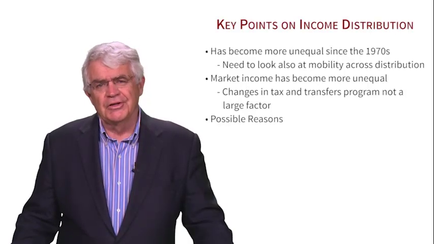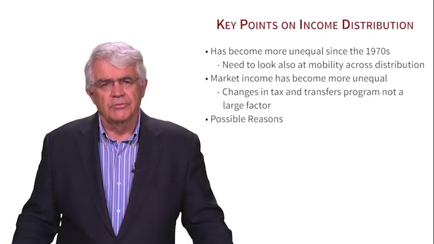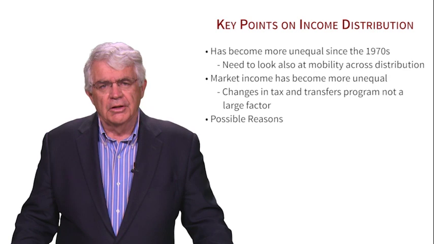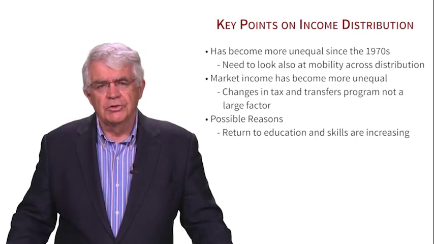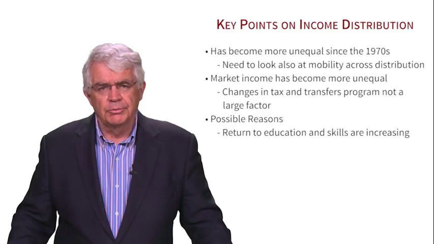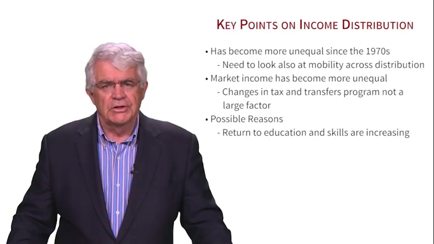Well, economics can tell you a lot of the reasons that economists have been studying carefully. One is that the returns to education and skills are increasing. The economy is becoming more technological. There's more global competition, so the returns to going to school and getting skills are increasing. And that will really make the distribution wider, because those going to school and getting the education will get higher incomes with those higher skills than those who are not.